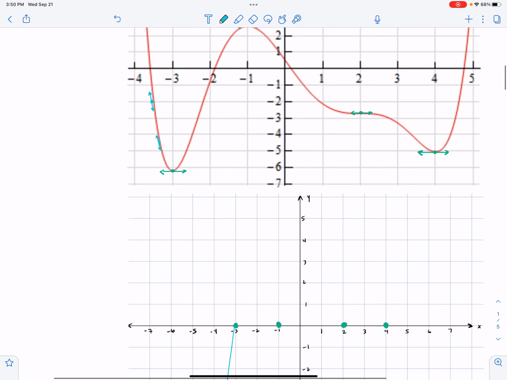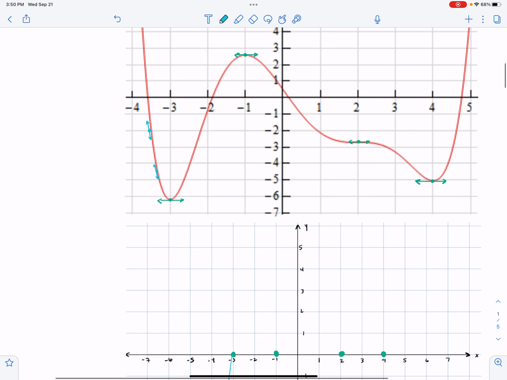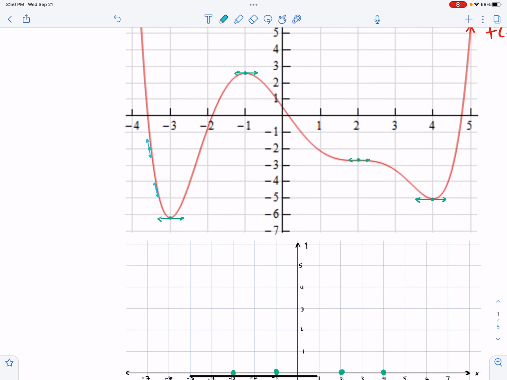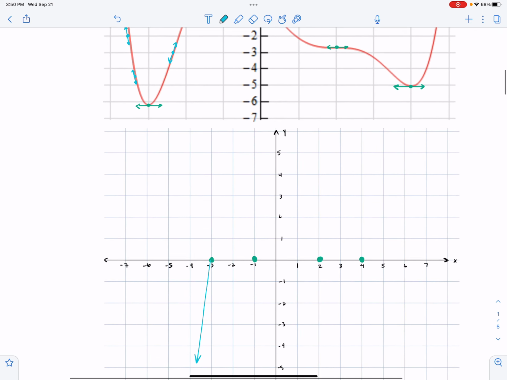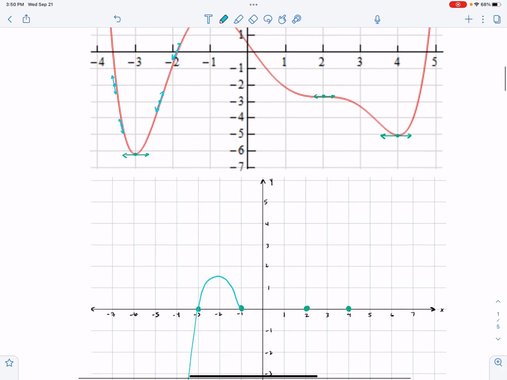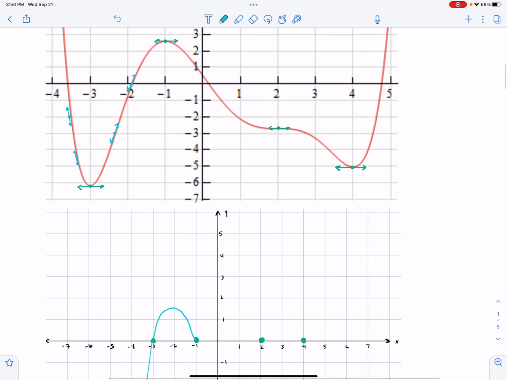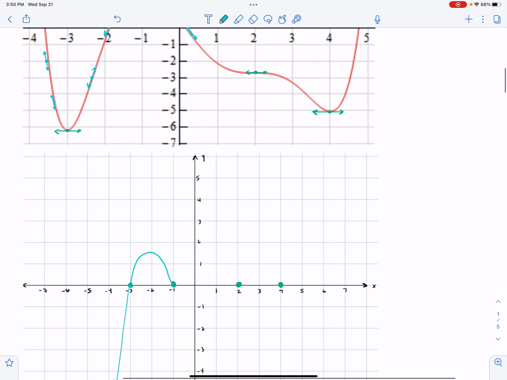And then to the right of -3, between -3 and -1, if we were to draw a tangent line to different points, we would have a positive sloping tangent line, meaning the graph would go above the x-axis. So it would come up. And then between -1 and 2, it looks like there would be negative sloping tangent lines. So the graph would dip below the x-axis again.